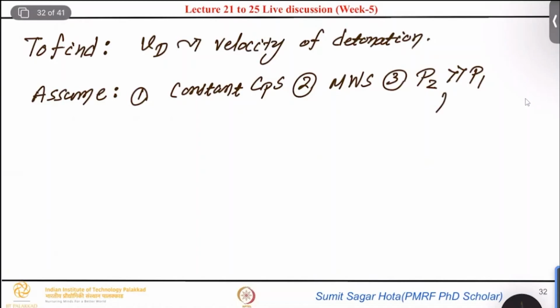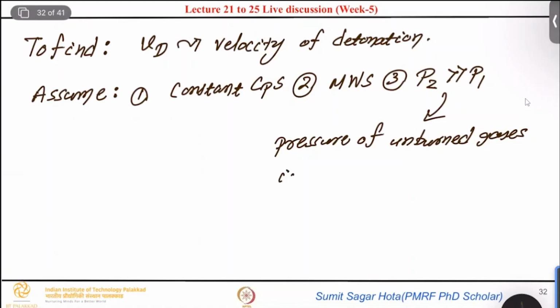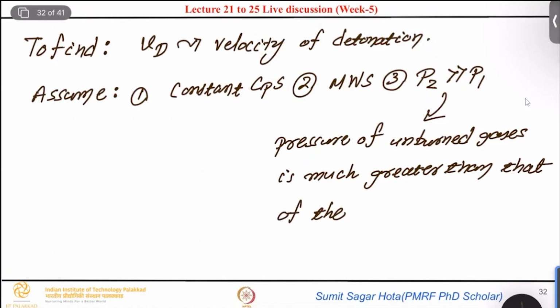It means that the pressure of the burned gases is much greater than that of the unburned mixture.